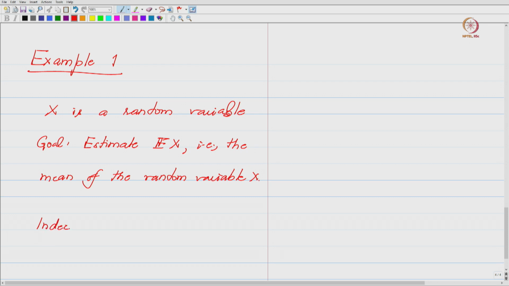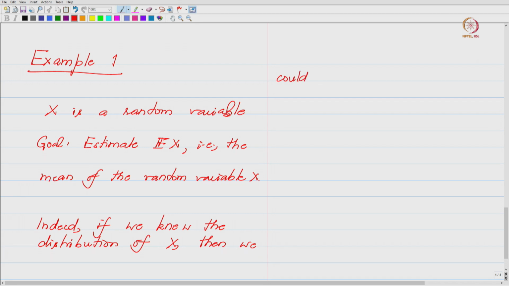Indeed, if we knew the distribution of x, then we could use an analytic formula to find the expected value of x.